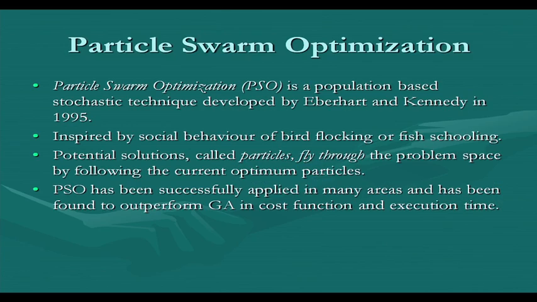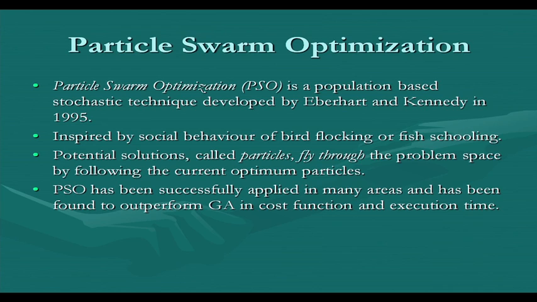These particles fly through the search space, looking for better solutions. PSO has been applied successfully in many areas, and it has been found that it outperforms the genetic algorithm in terms of cost function and execution time in many cases. Of course, there are many other optimization techniques, but we will discuss this one.